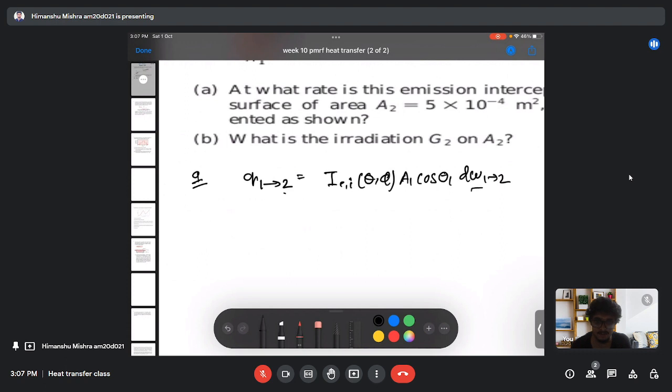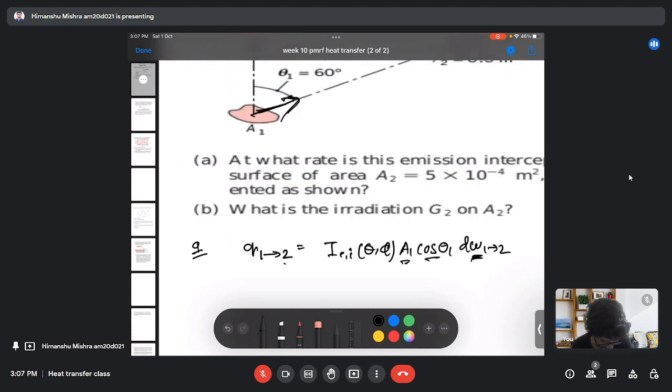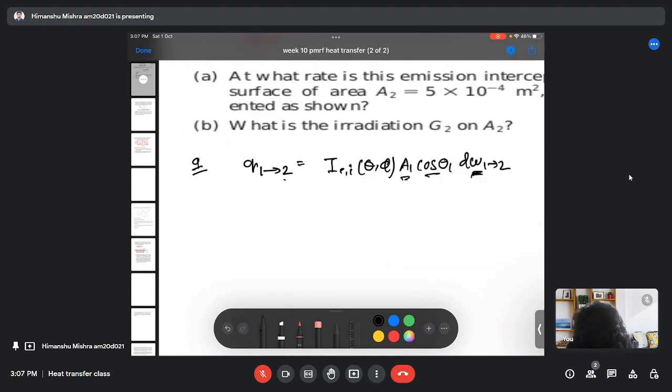Here omega is my solid angle, A1 is the surface area, theta 1 is 60 degrees, and I is my intensity.